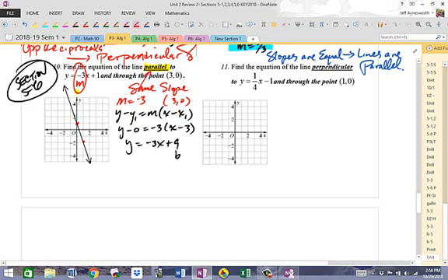So it's way up here. It's off the grid. And then you go down 3, right 1. So if you're going to graph that one, you have to estimate. It's right about there. So they're parallel, but the second one intersects up at 9. So it's off the grid. No big deal.